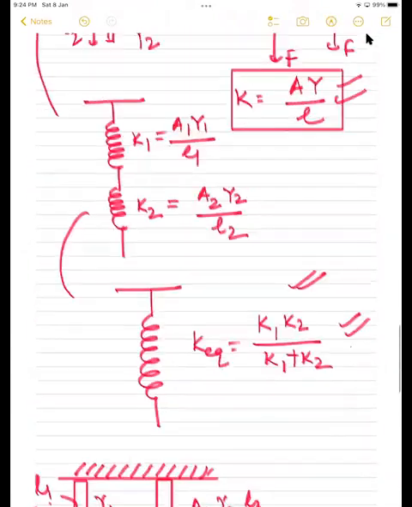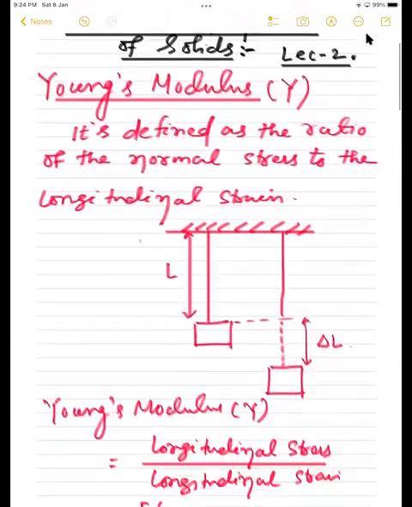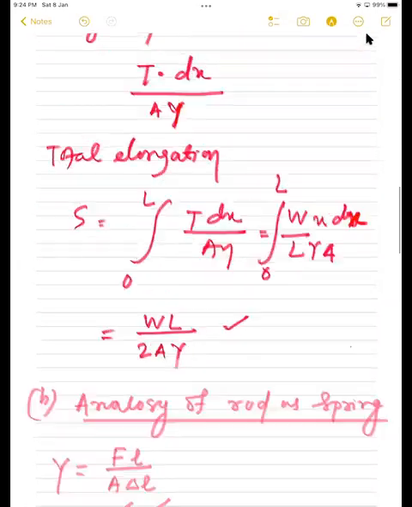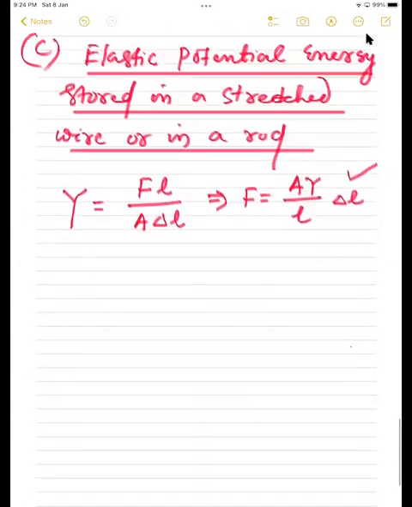From the very starting, Young's modulus is stress by strain. So L went off, so FL by A delta L. By taking F to one side, that is AY by L into delta L. Getting or not, all? Mukesh, are you getting or not?